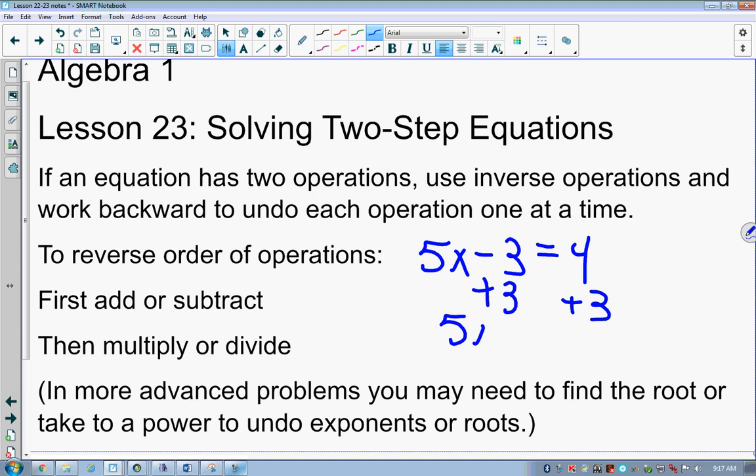So I'm getting 5x equals 7, and then I'm going to undo the multiplication through division by dividing by 5, and so I get x equals 7/5. Does that make sense? All right, so it's the opposite of the order of operations in terms of what you'll address first.